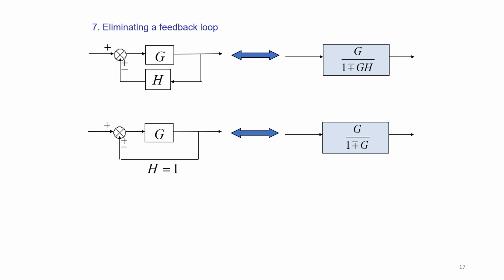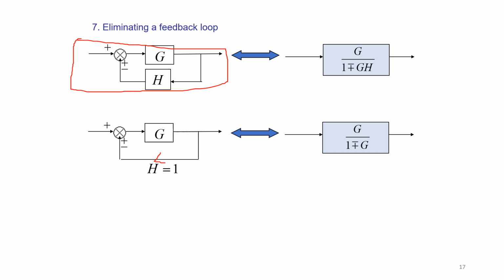Now elimination of a feedback loop. This is called as your feedback loop, which has an open loop transfer function G and a feedback transfer function H. In such case, this loop can be replaced with the gain as G divided by 1 plus or minus GH. If H is equal to 1, this is called as unity feedback.